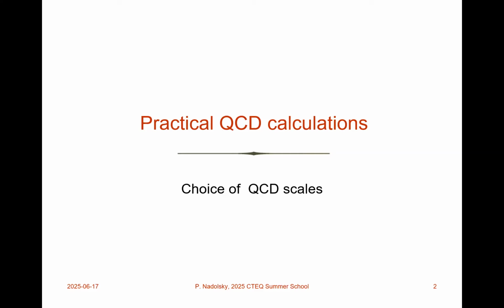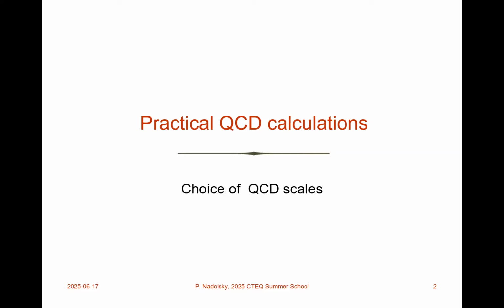Again, the formula will vary depending on the complexity of your observable, but you always need to have this one hard scale. Let's say in DIS it will be Q that sets the typical values of the renormalization and factorization scale in the hard cross sections. Again, let's look at how this works very carefully.